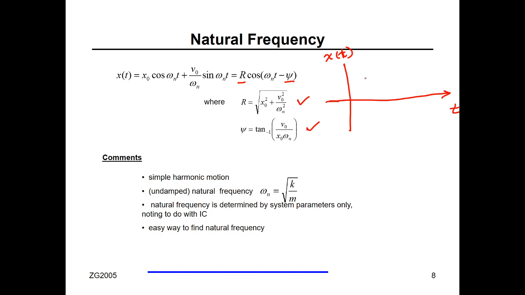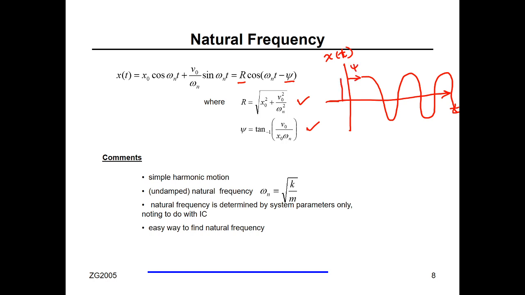If you draw the cosine, it's lagging, minus psi, so it's lagging. It's the same concept. So you say it will be cosine, for example, and this is the phase.